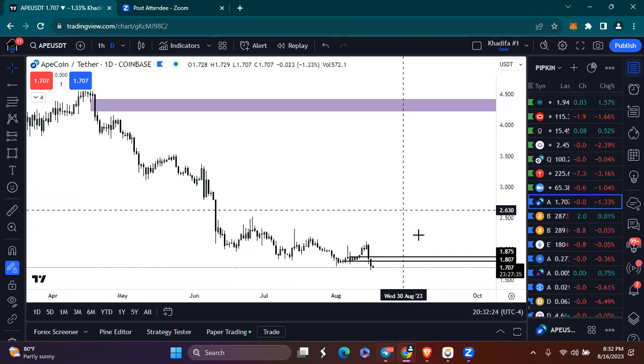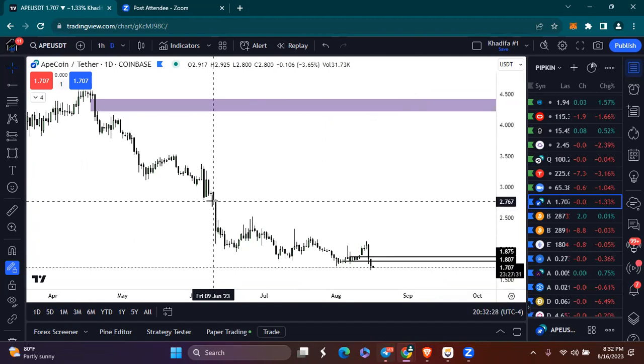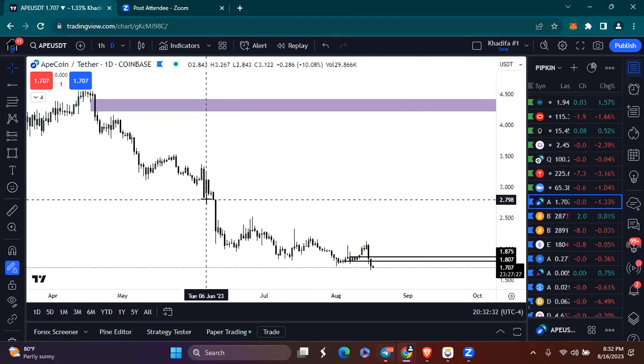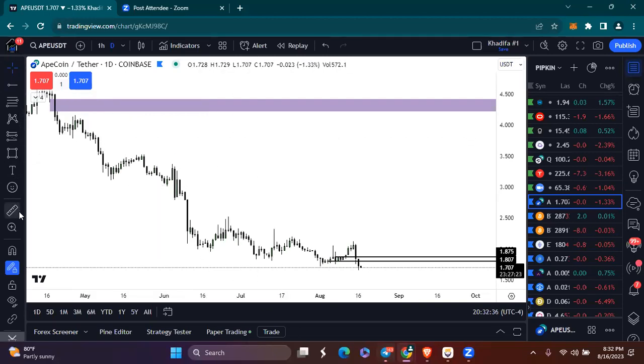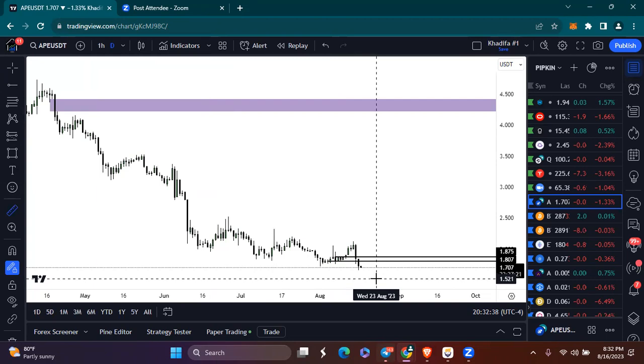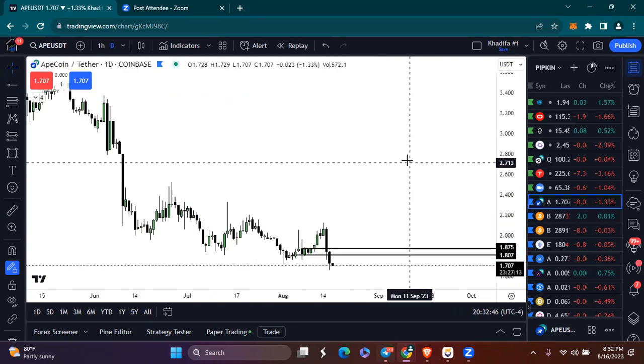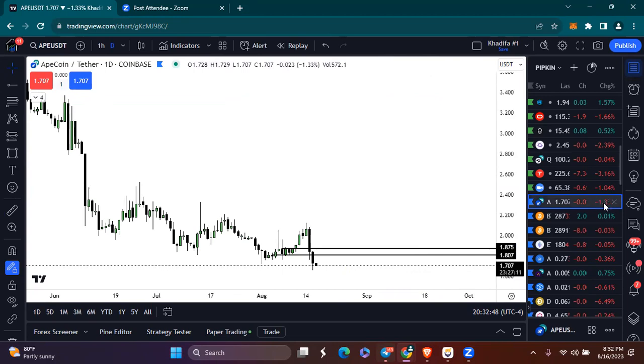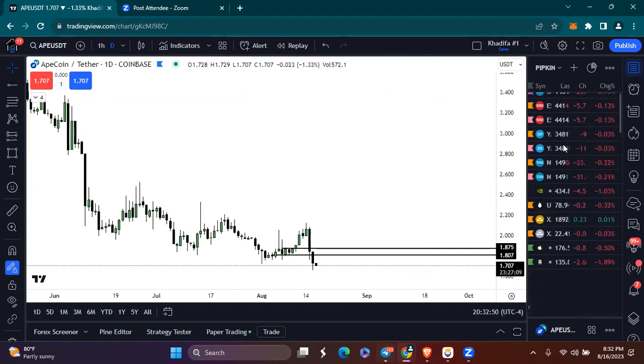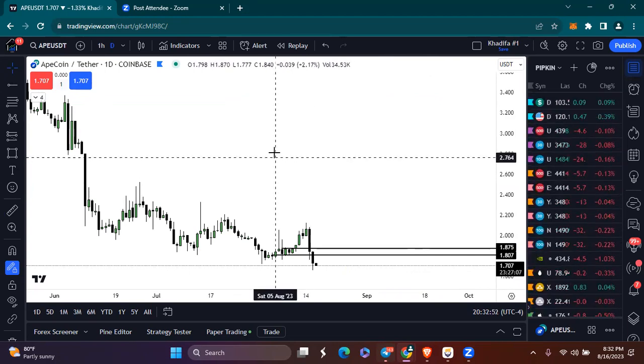I would like to see us run up to the upside to fill in this imbalance up to about $2.70. That will be an 85% move in price, so that'll be a pretty good play.